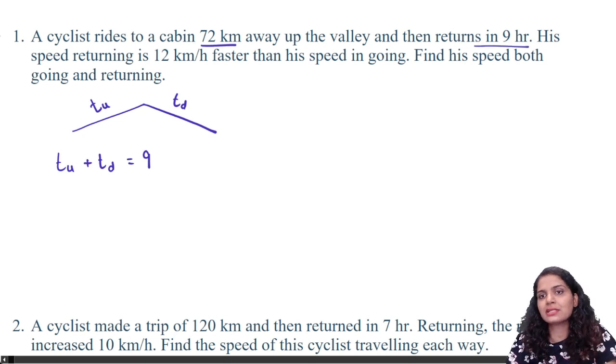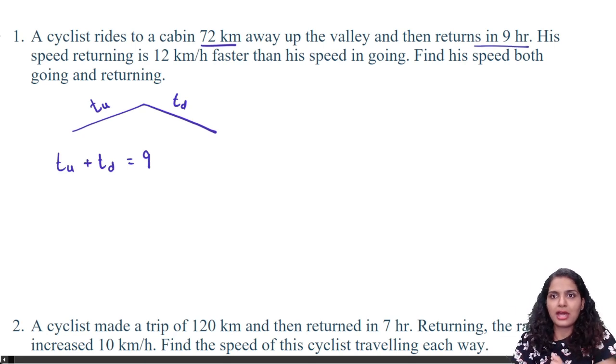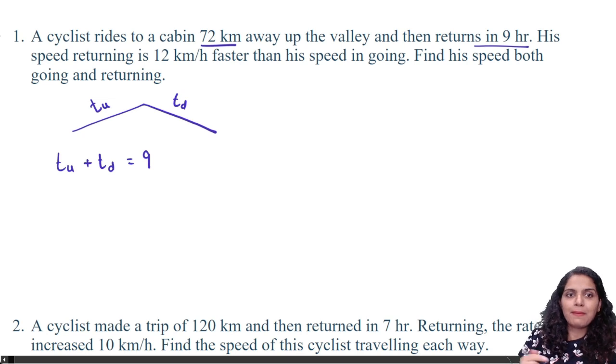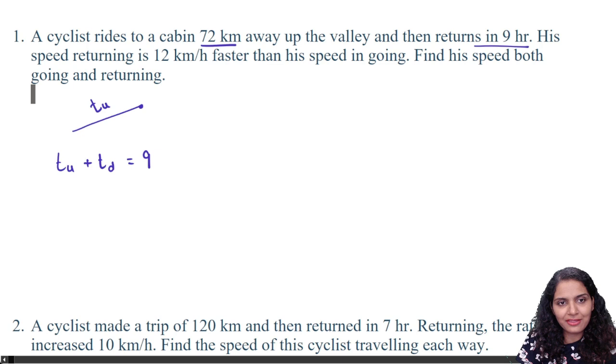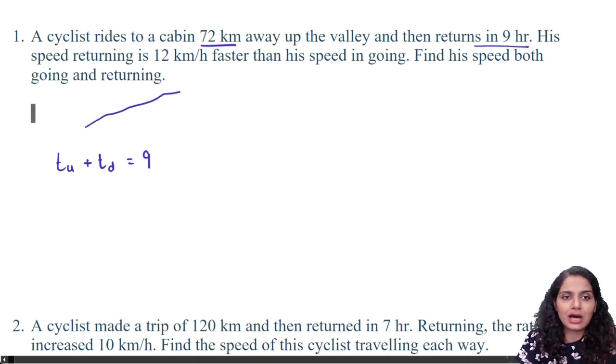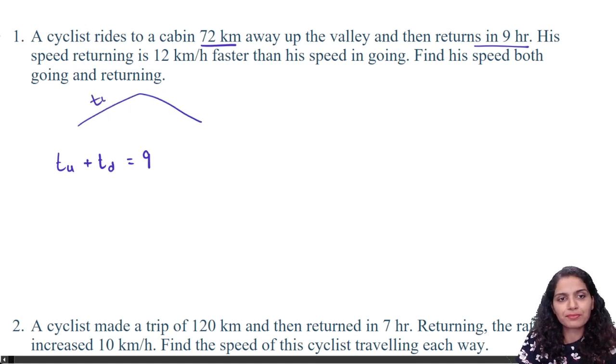It's not like up and down this way, actually, like up and then down. I just made it like this so that you can understand what is up and down over here. So going up and then going down. So time taken for up and time taken for down.